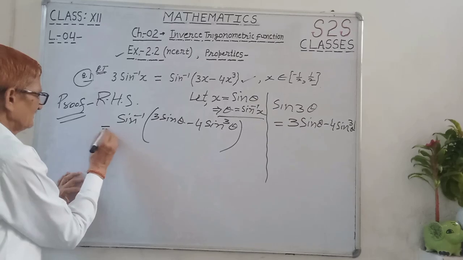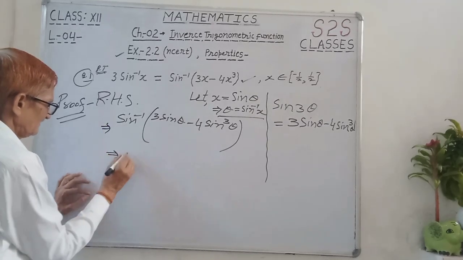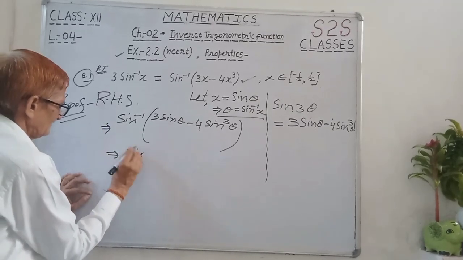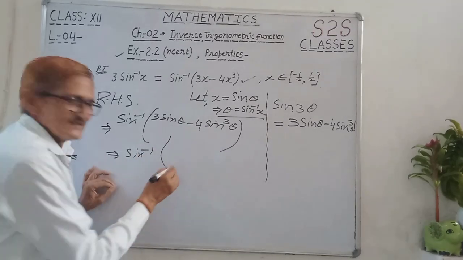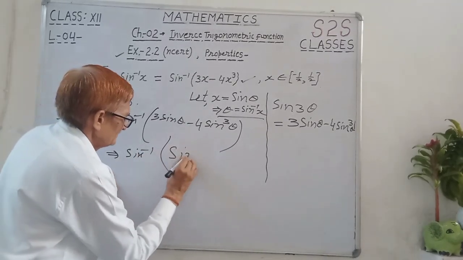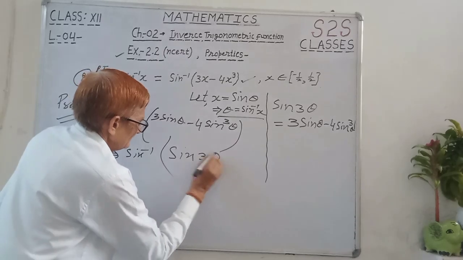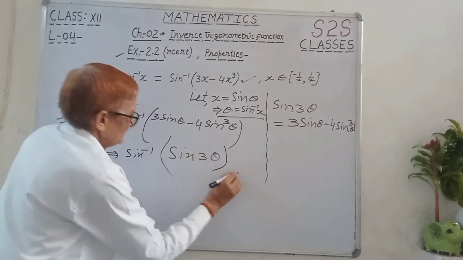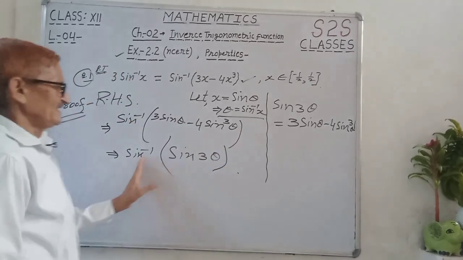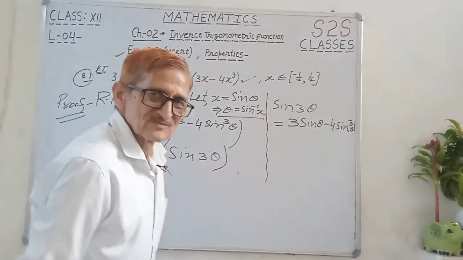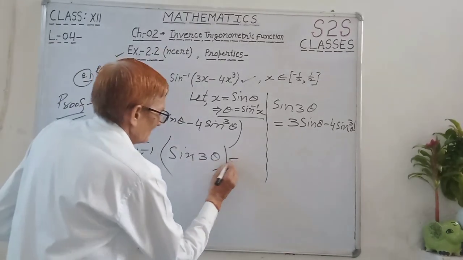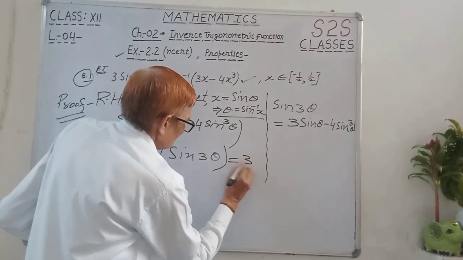Then sin inverse of sin 3 theta. Done. Then by the property sin inverse of sin x equals x, this is equal to 3 theta.